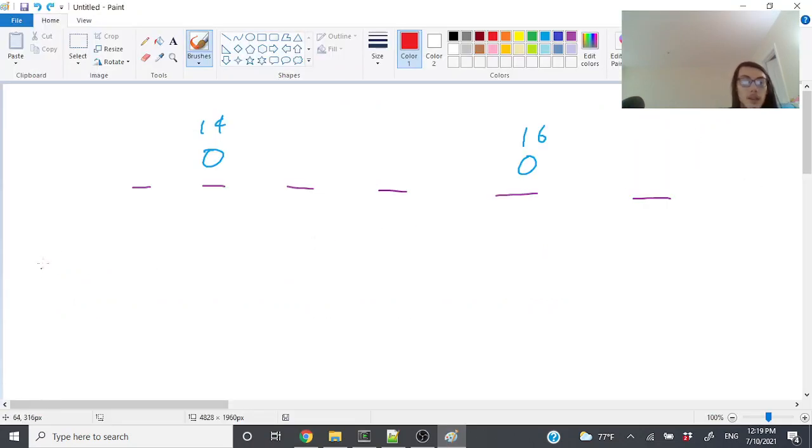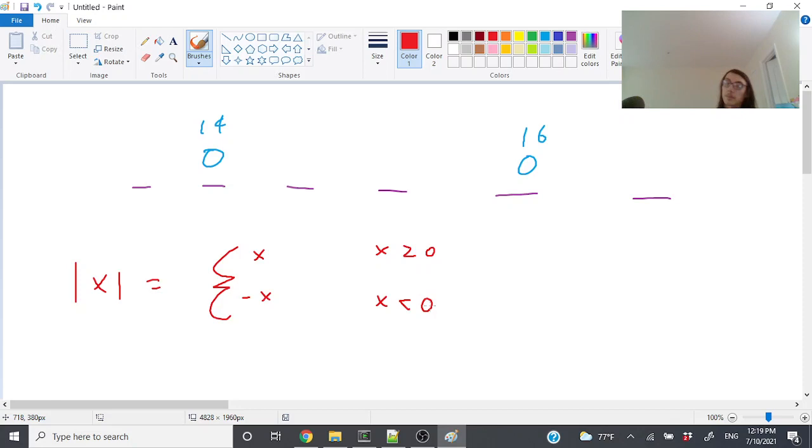In its core, absolute value is a piecewise function, which represents two things. If x is greater than or equal to 0, then it returns x. Otherwise, it returns negative x if x is less than 0, so that it's always positive. This is the definition we can work with.